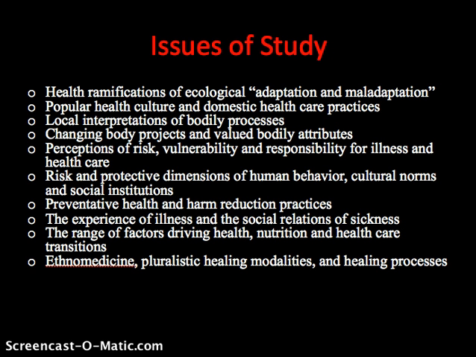And so these would include things like health ramifications of ecological adaptation and maladaptation, popular health culture and domestic healthcare practices, local interpretations of bodily processes, so what exactly is going on in the body, changing body projects and valued bodily attributes, so what are some things that individuals desire, and how will individuals discipline themselves in order to attain these said characteristics.